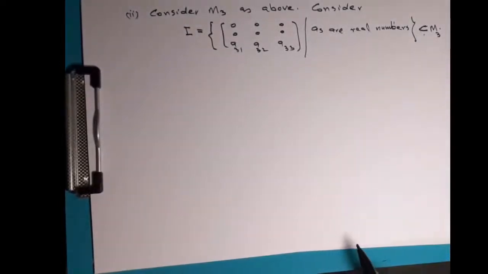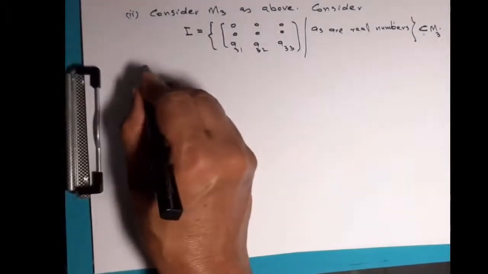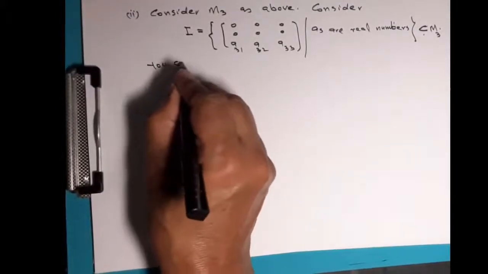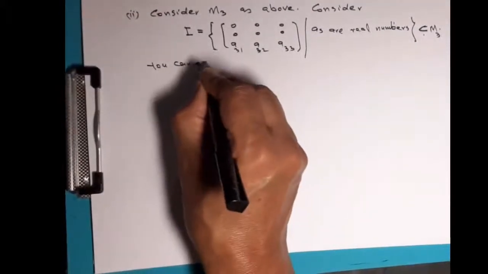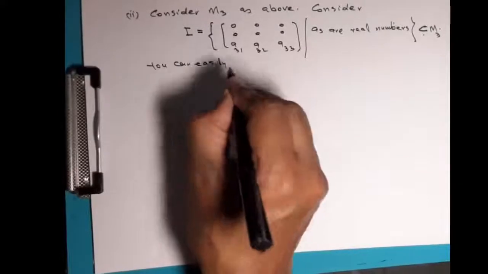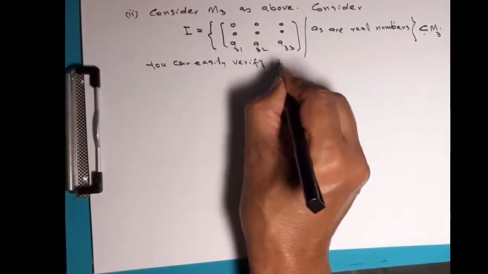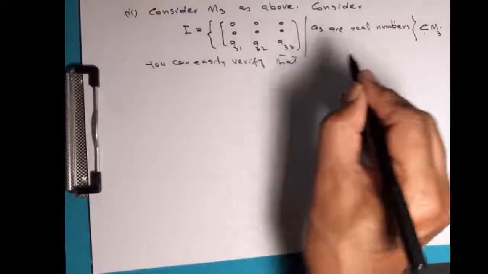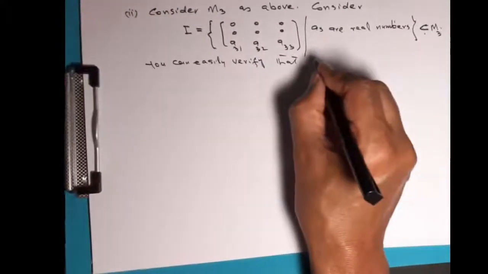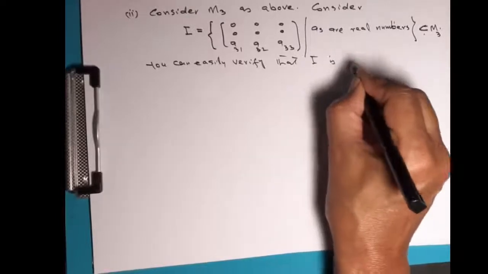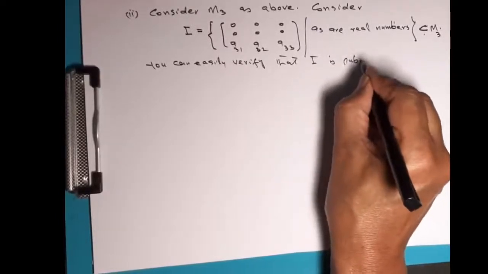You can easily verify that I is a subring of M3.